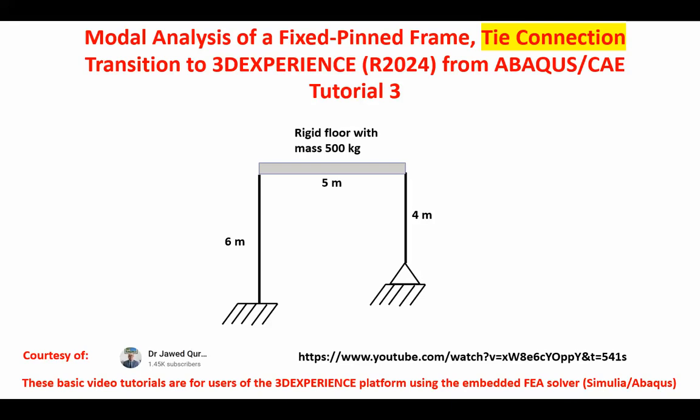Now, when you join a sketch and you mesh it, at the juncture between the horizontal beam and the vertical column, you have a common node, the same node. When you join it, by default, it makes a single node connecting the beam to the column. Same thing on the right-hand side. And of course, there won't be an issue. You can solve a static problem, you can solve a modal problem, etc.